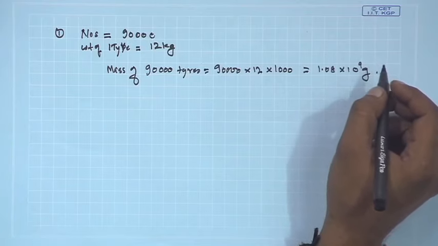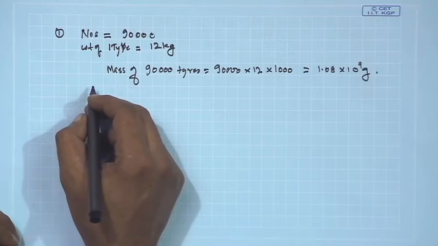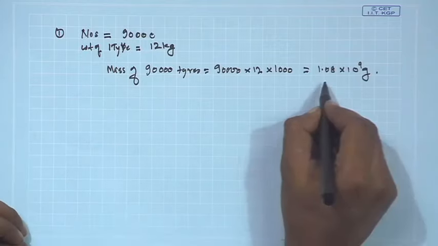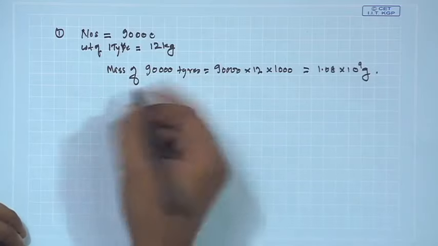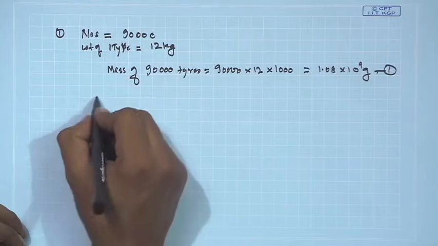In the numerical, it is said that we are concerned with only the methane, 26% by mass can be converted into gas. So, of this mass, 26% can be converted.